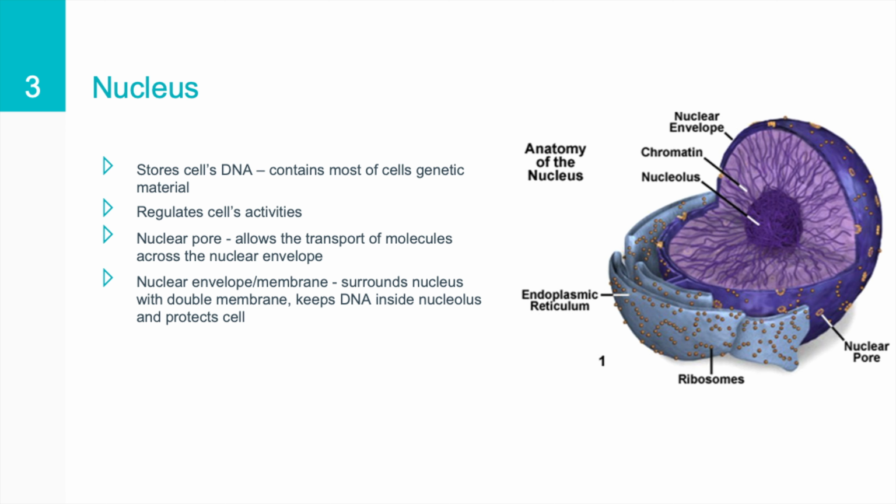It keeps DNA inside the nucleus and protects it from materials in the cytoplasm. The nucleus contains a nucleolus, a membraneless organelle that manufactures ribosomes. There is also a thick liquid in the nucleus called nucleoplasm, which fills the space of the nucleus.